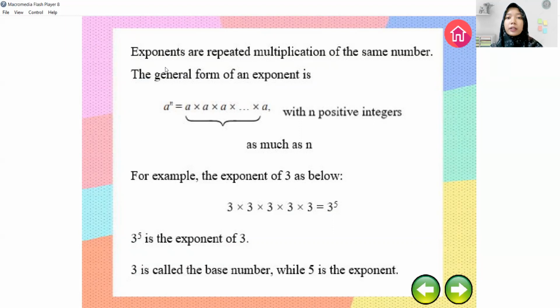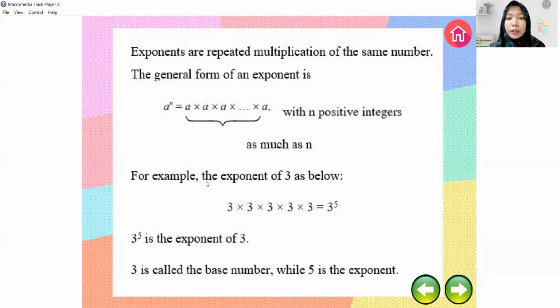Exponents are repeated multiplication of the same number. The general form of an exponent is a to the power of n is equal to a times a times, and so on, with n positive integers as much as n.